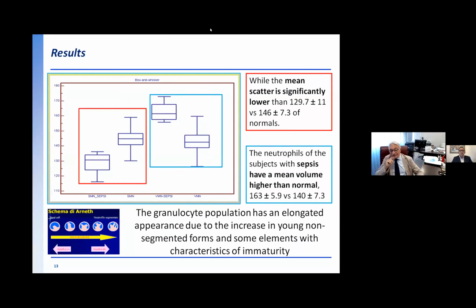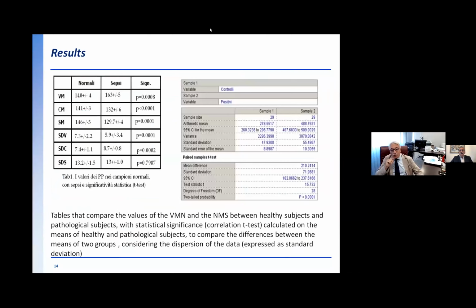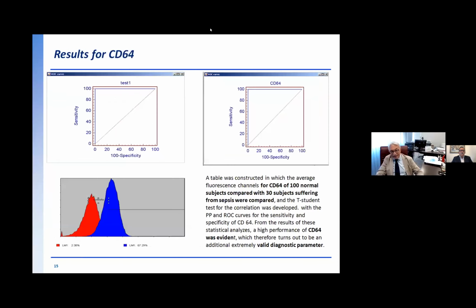There is a big difference. The size in normal patients is around 140 on average, the volume of neutrophils, whereas in sepsis this value gets to 163, and the same for average scatter, with a reduction in this case as against the normal population.